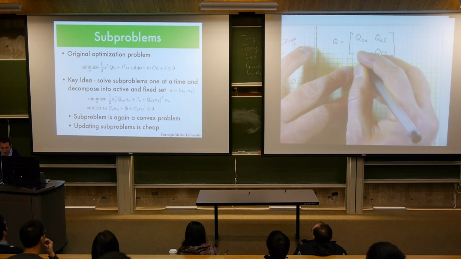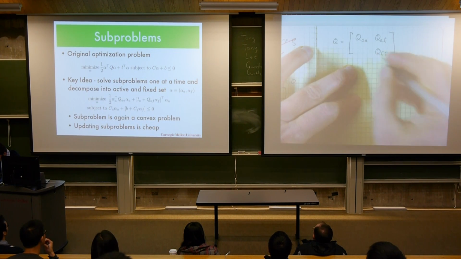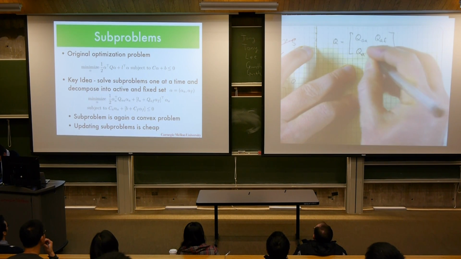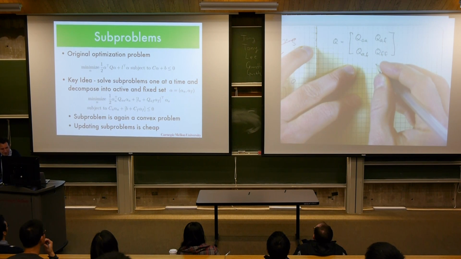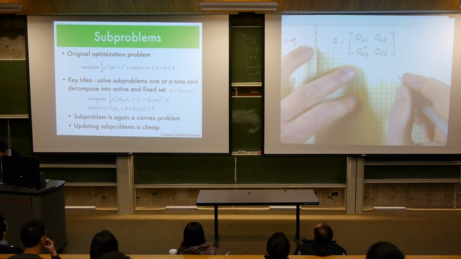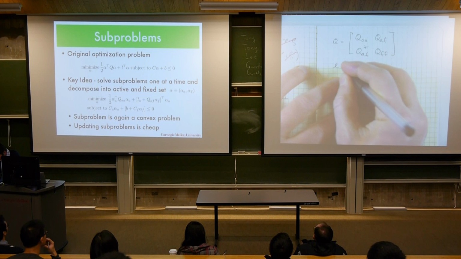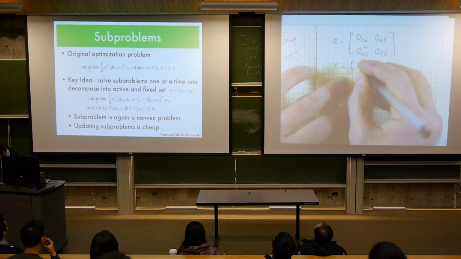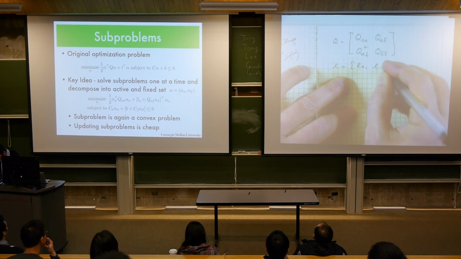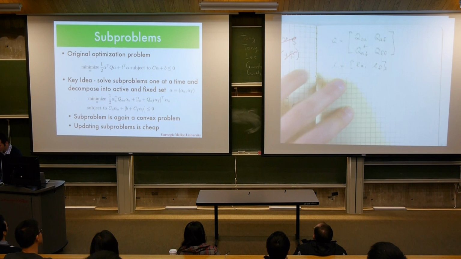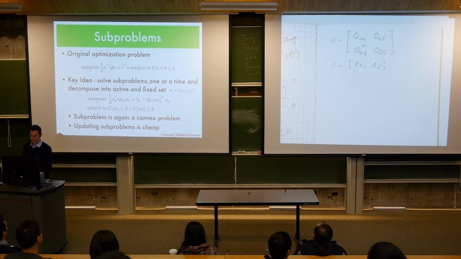It's a symmetric matrix, yes. So what do I need to write down here? QAF transpose, exactly. And then L is just LA and LF. Mind you, these don't have to be contiguous sets of vectors, but it's just really awkward if you don't write it out this way on paper.